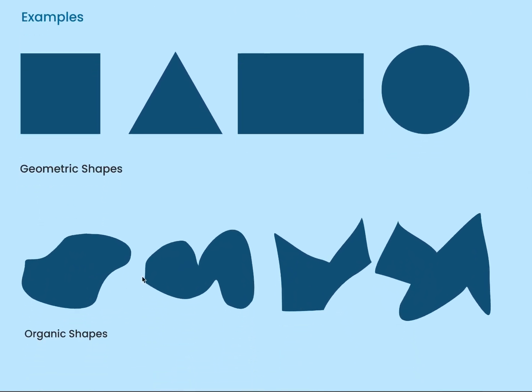Organic shape most times can convey the meaning of more than one shape. For example, in this we have round corners, and in this we have almost all round corners and some sharp corners. So if you are using organic shape, you can convey more than one meaning in your design.